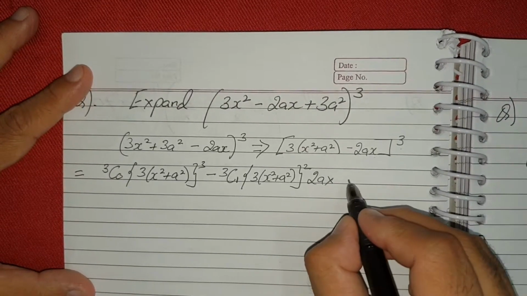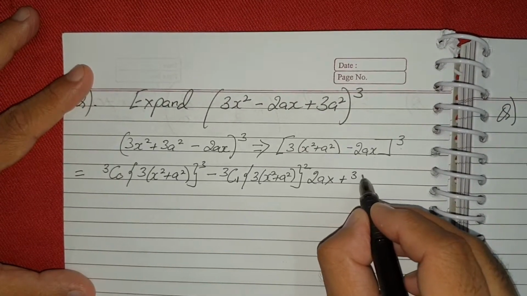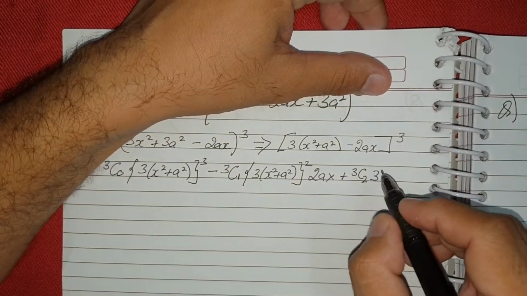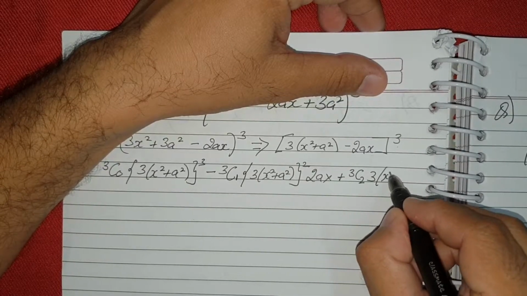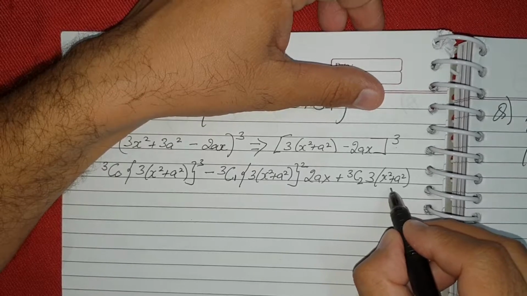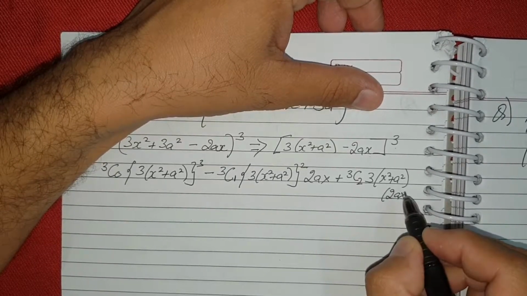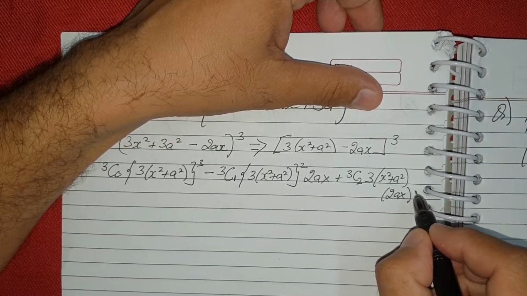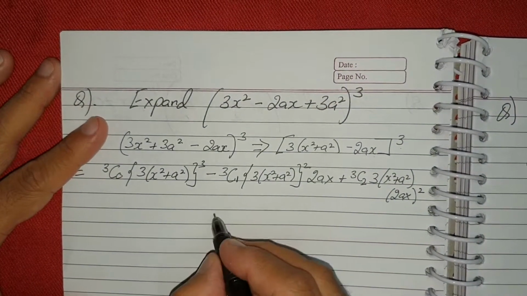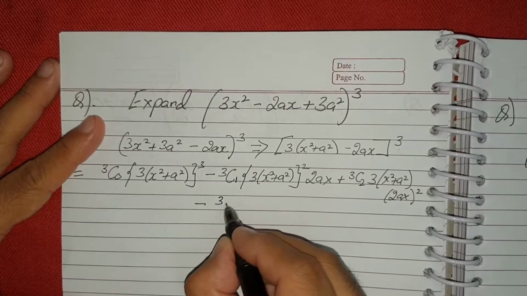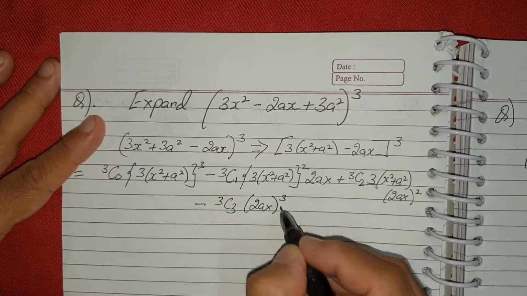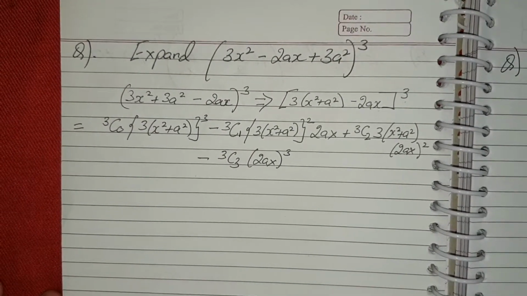Now, plus 3c2, this is 3(x square plus a square) to the power 1 into (2ax) whole square. And again there is one more, minus 3c3 (2ax) whole cube. So, this is our binomial expansion.